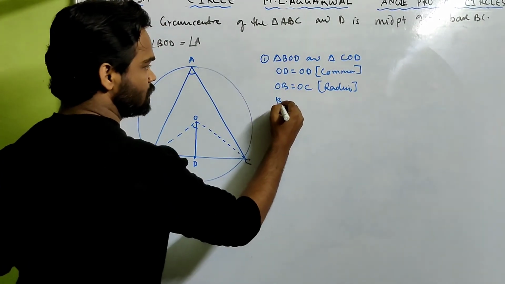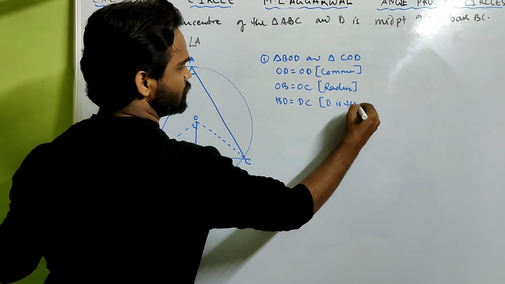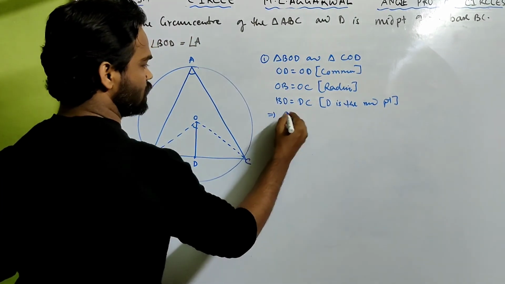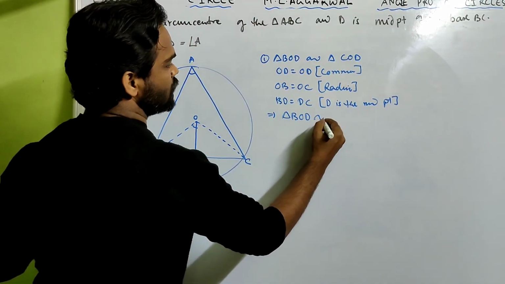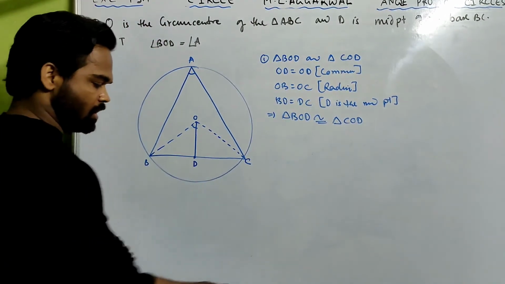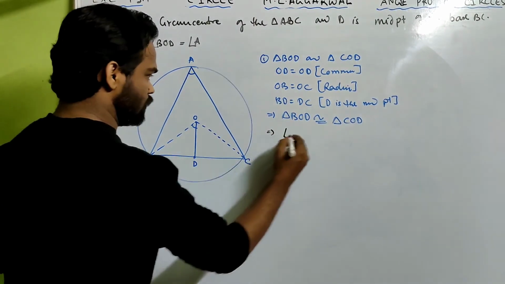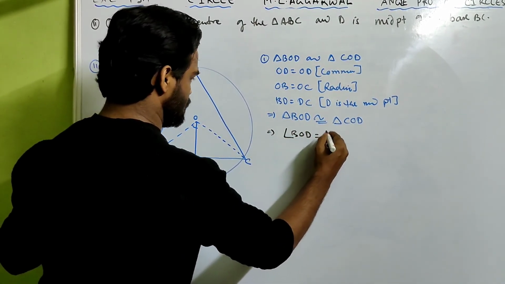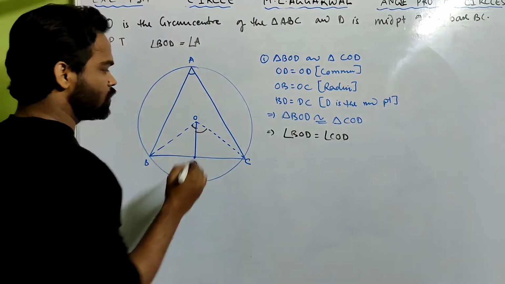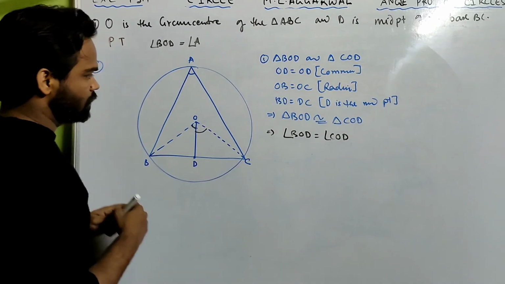And BD equals DC, because D is the midpoint they have given. Which means triangle BOD is congruent to triangle COD, isn't it? Now once we prove congruent, we can say that angle BOD will be equal to COD, and these two angles are equal.